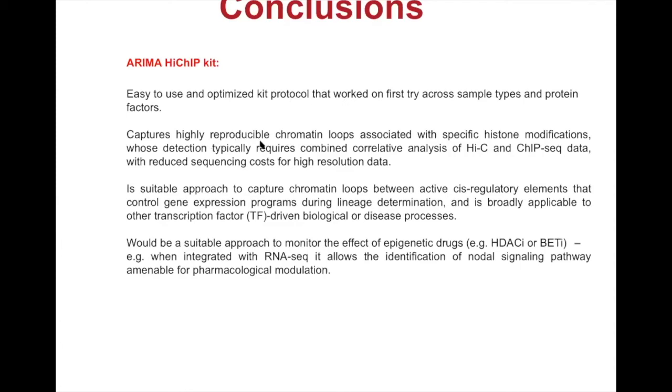It could capture highly reproducible chromatin loops, which are marked by specific histone modifications like H3K27 acetylation, and whose detection typically requires the combined and correlative analysis of HiC and ChIP-seq data. So with HiChIP, we can reduce the sequencing cost and capture high resolution data.